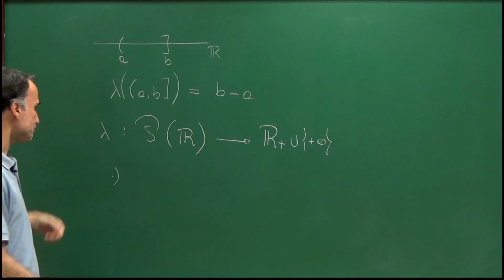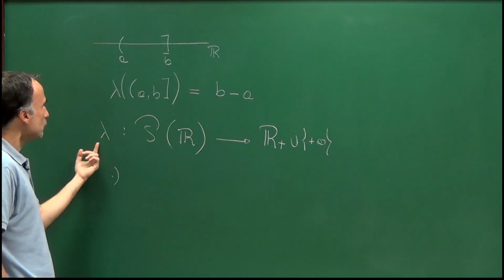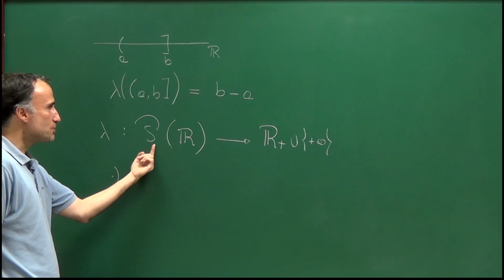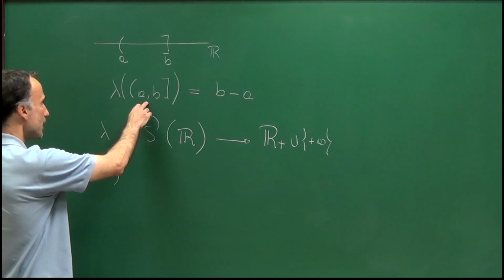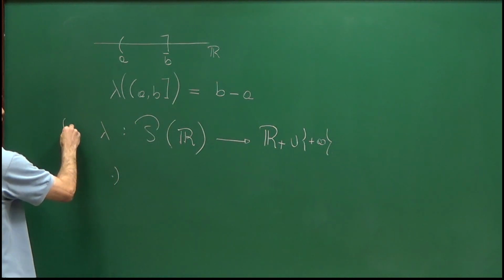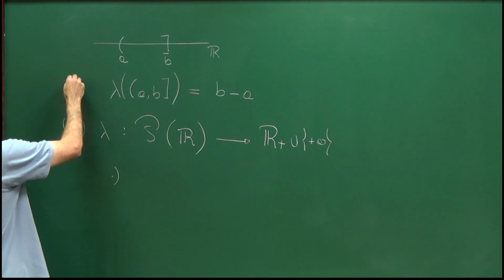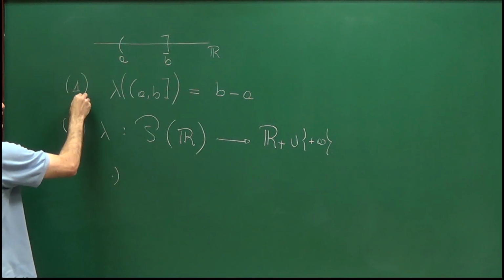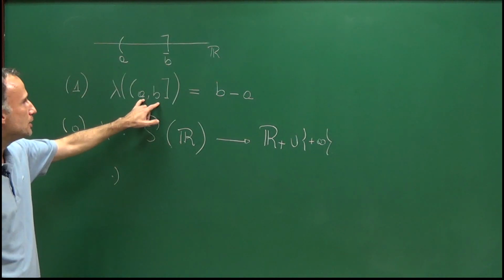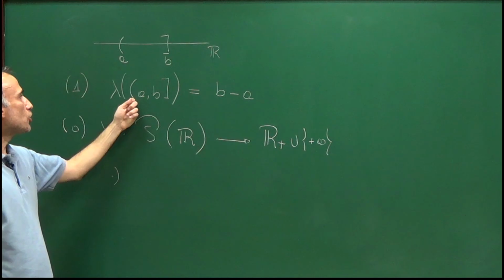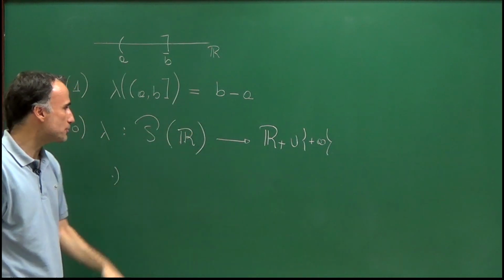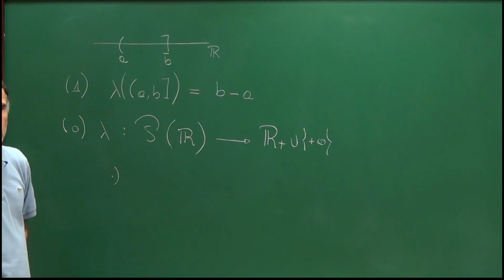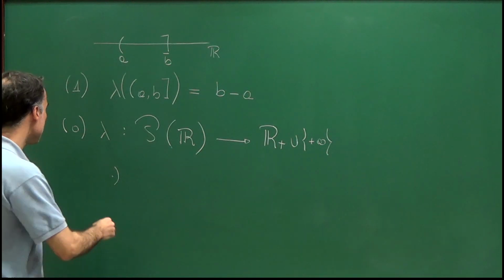But what else would we like to have? First, we would like to define it for all subsets of R. Let me call this property 0. We would like the measure of an interval AB, which can be open or closed on the left, open or closed on the right, to be B minus A. What else would we like?